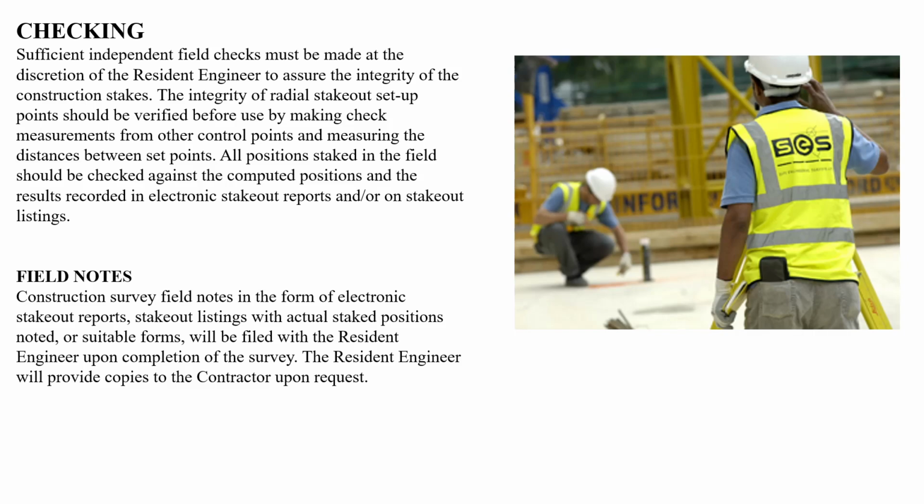Checking. Sufficient independent field checks must be made at the discretion of the resident engineer to assure the integrity of the construction stakes. The integrity of radial stake-out set-up points should be verified before use by making check measurements from other control points and measuring the distances between set points.